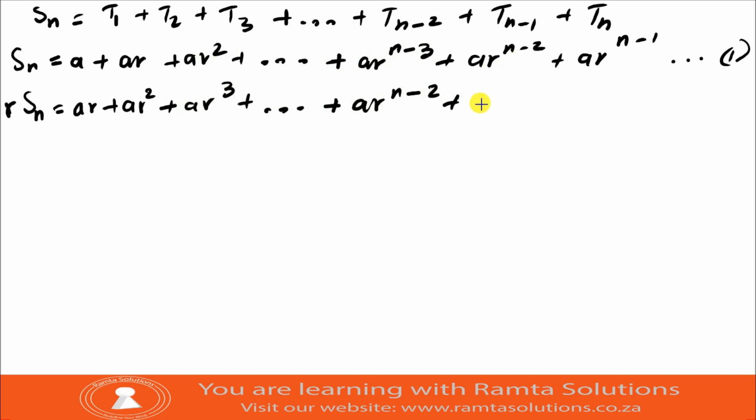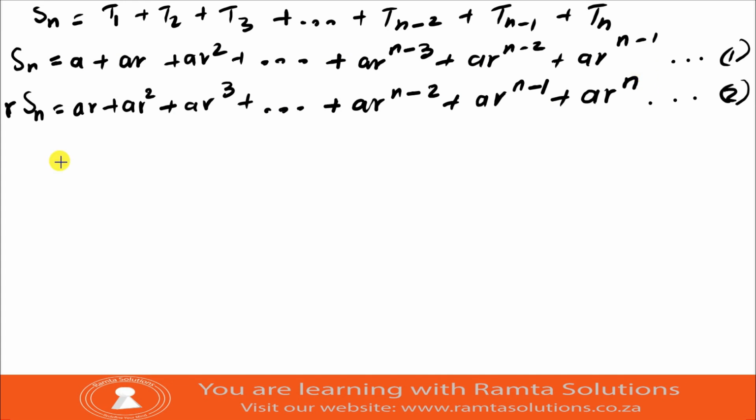This one here will be AR to the n minus 1, while this one will simply be AR to the n. I'm going to call this equation 2. Remember, I'm multiplying everything here by R.